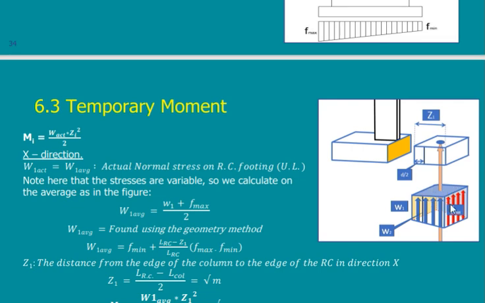If I want to know the moment due to these stresses, I just replace them with a resultant force, calculate it, and get the point of application. It will be at a distance of Z1 from the edge of the column. Then the moment is this force multiplied by Z1. In this case, I will get the moment of this cantilever.